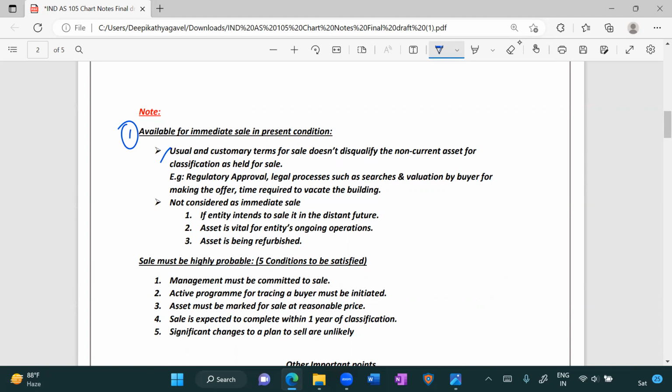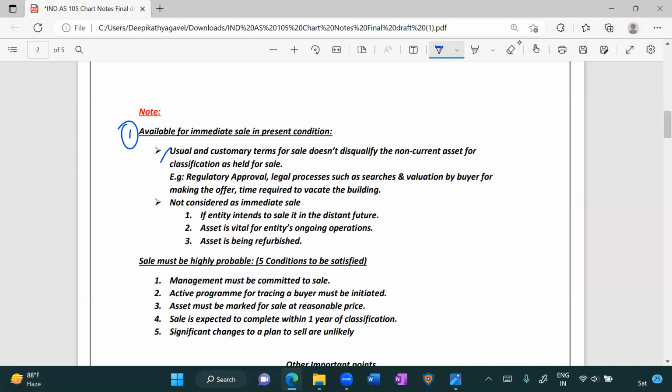So, because you have not yet received the regulatory approval, it does not mean that it is not available for immediate sale in its present condition. It is. So in case there are some terms which are usual or customary to the sale, because of the existence of those terms, you will not disqualify that particular non-current asset or disposal group as not being held for sale, right? So that is the first condition.